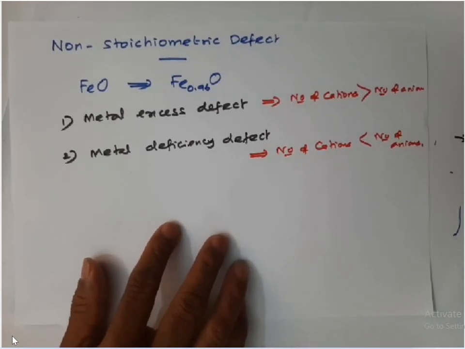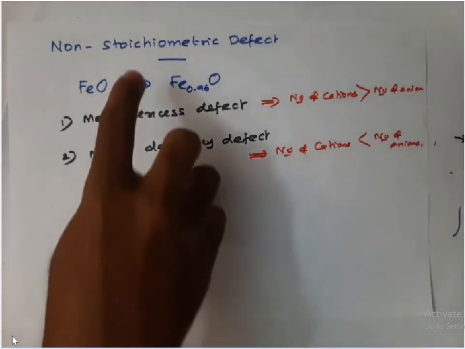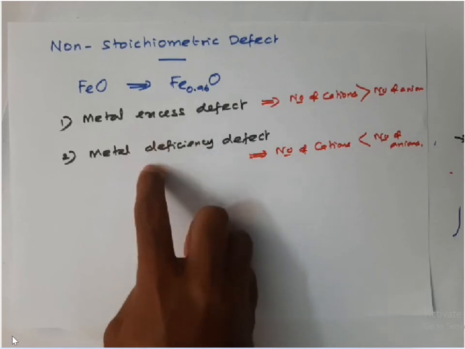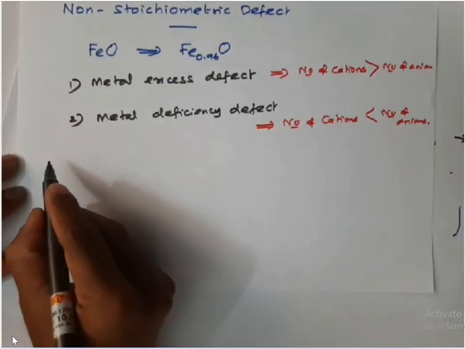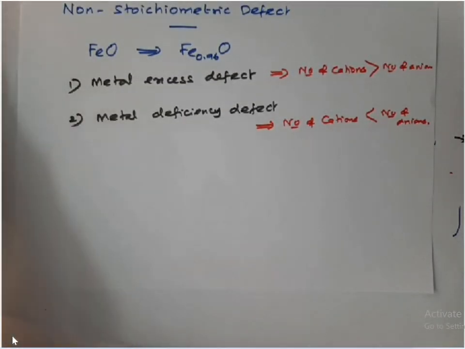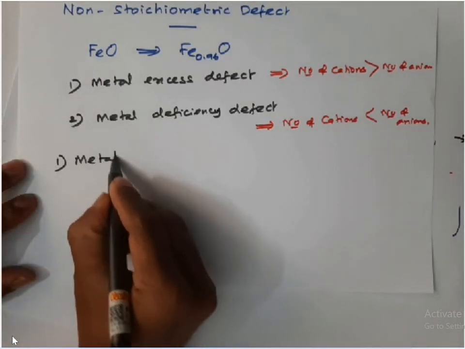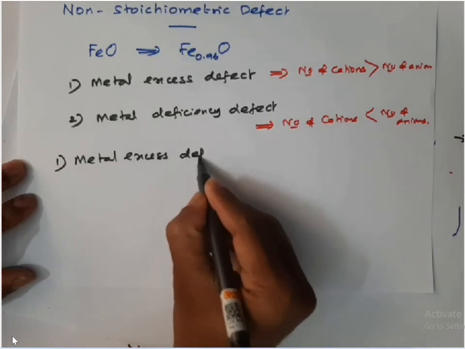So in non-stoichiometric defect, remember, due to the defect, the formula of the crystal changes. Then in non-stoichiometric defect, we have two: metal excess defect and metal deficiency defect. Then we'll start with metal excess defect first.